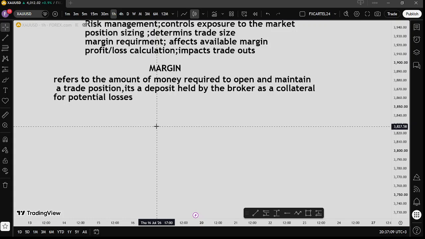So if you deposit $10, let me first enter a trade here real quick.